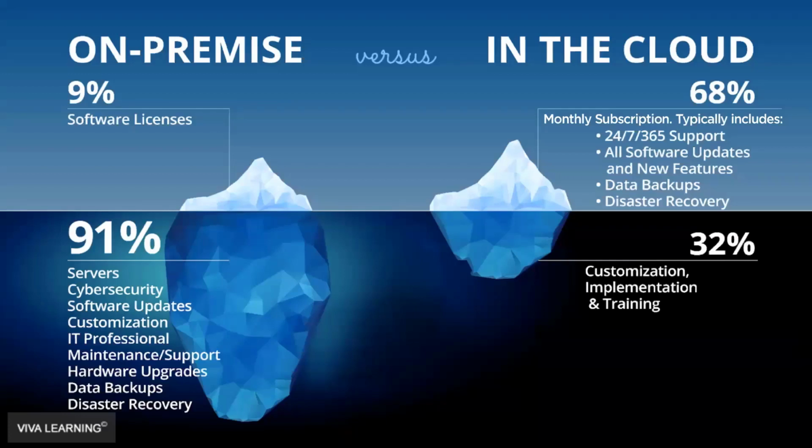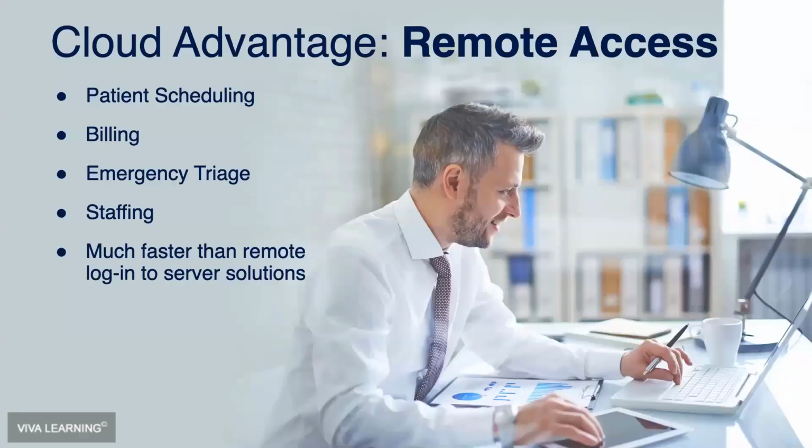A lot of times people will say that when they're talking about boats. But in this case, I really do think that it's true when you think about the costs associated with your network systems versus having a cloud system. So remote access, easy remote access should be first and foremost in a lot of our minds nowadays.